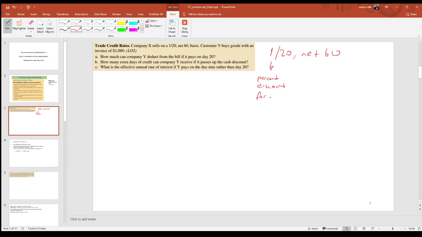for early payment. If the company makes payment early, a 1% discount will be given. This 20 represents the number of days that the discount is available.